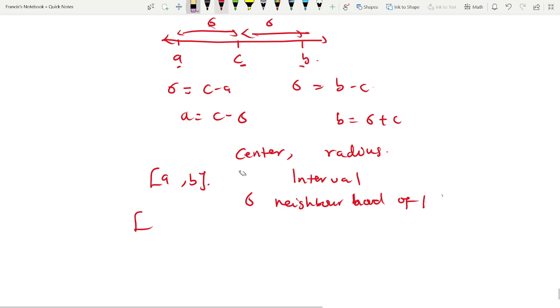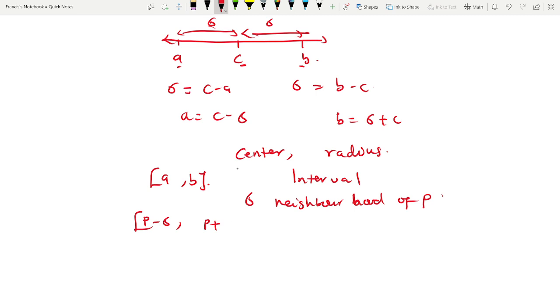then I'll have the A here is always the center minus the radius. So I'll have my center P minus the radius delta, comma. The next thing is the B. The B is our delta plus our center.